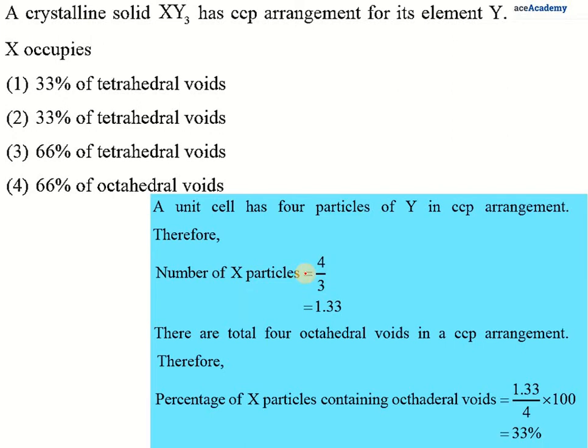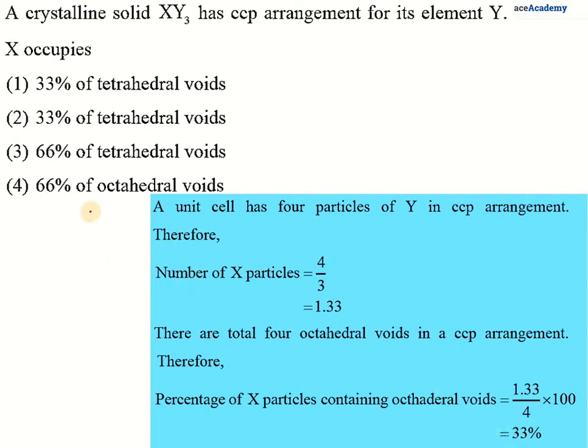Therefore, the number of X particles is 4 by 3, that is 1.33. So there are a total of 4 octahedral voids in a CCP arrangement. Therefore, the percentage of octahedral voids containing X particles is 1.33 by 4 into 100. So that we got is 33%.